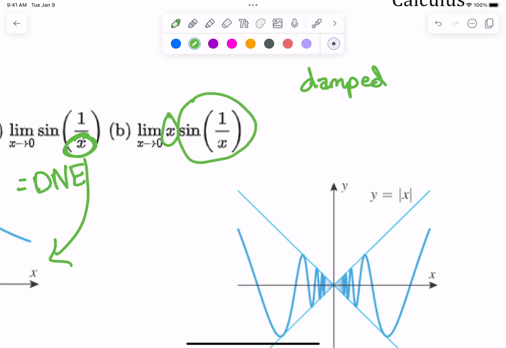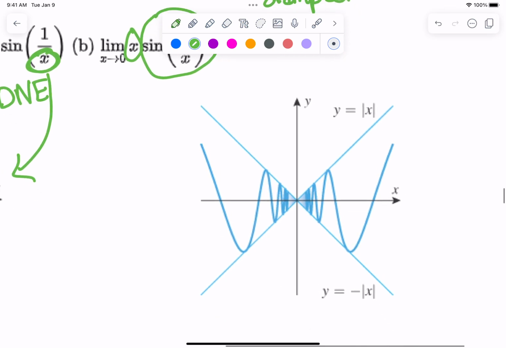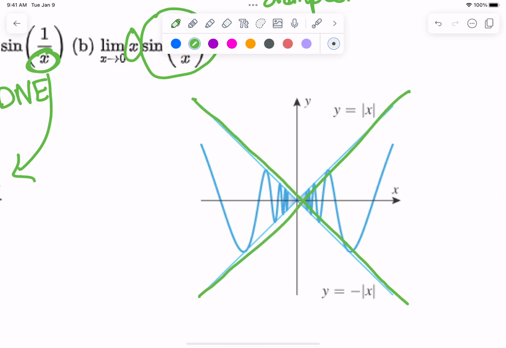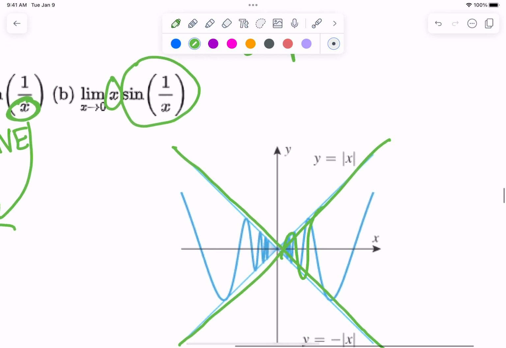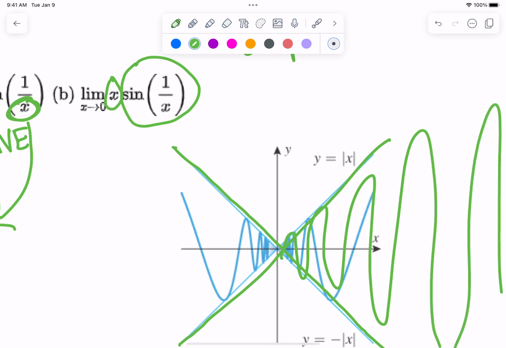The graph of x, with the absolute value, goes this way and this way. That's just how it works in the graphing world. So x is a linear function, and the sine oscillates between those two values, going up and up forever, which is kind of a fun little thing.